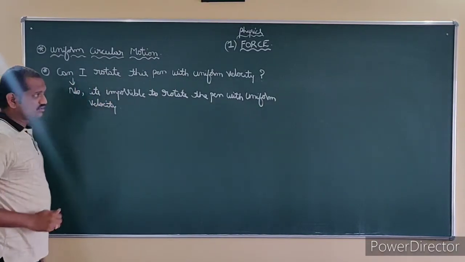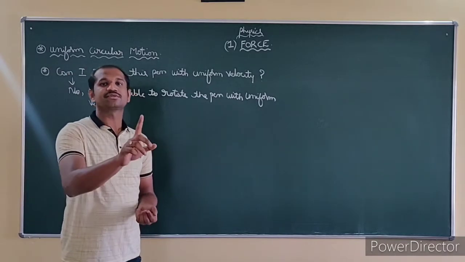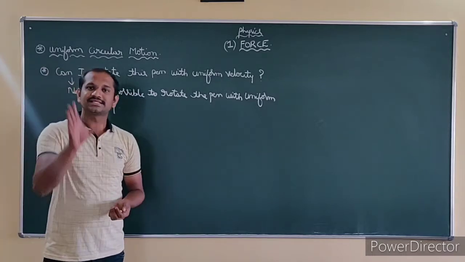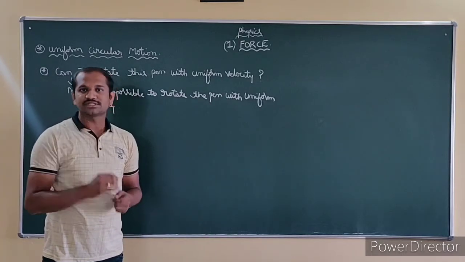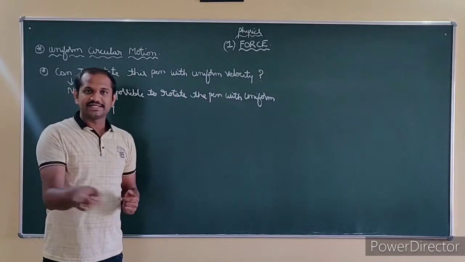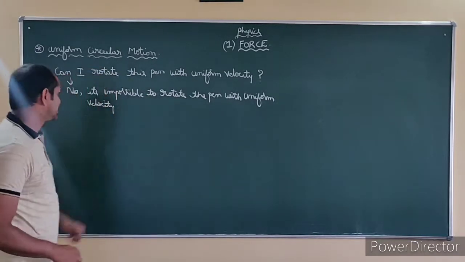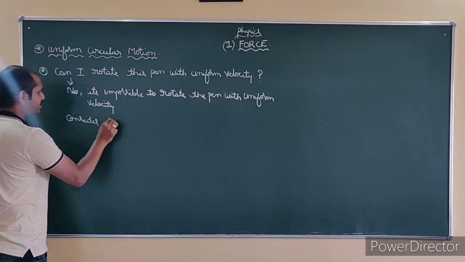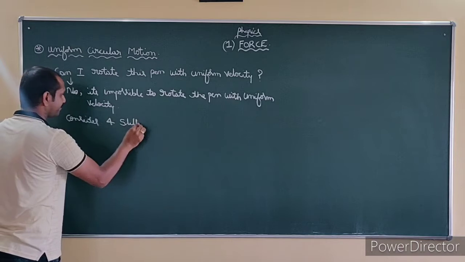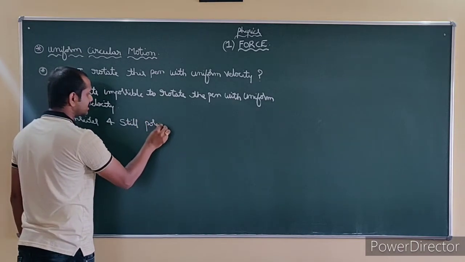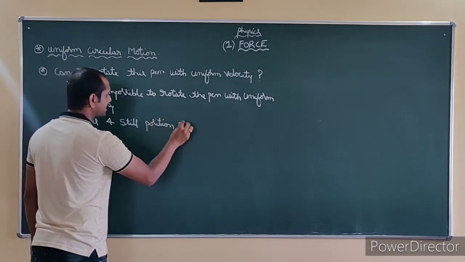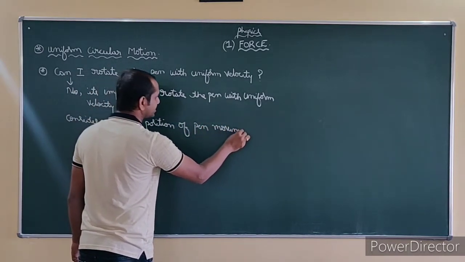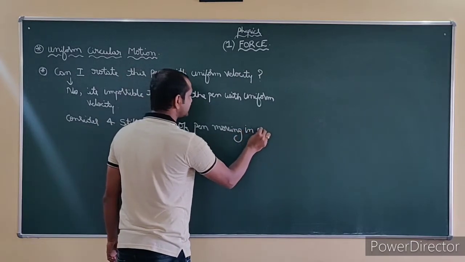To explain further why I was not able to rotate the pen with uniform velocity, let me consider still positions. Let me consider 4 still positions of the pen when it is moving in a circular motion. Position of the pen moving in a circular motion.